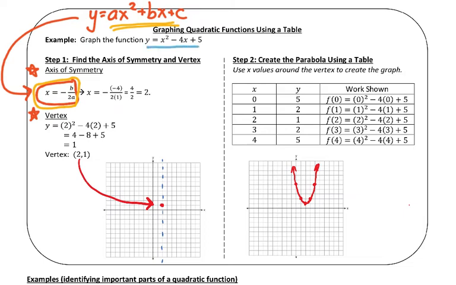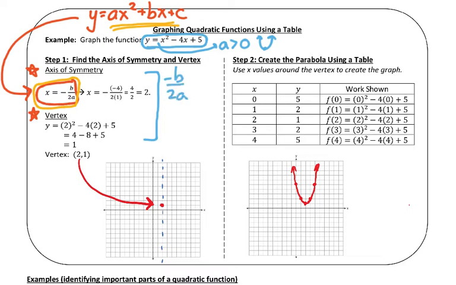So here's our graph. All right, how do we graph this? Let's see. So I think the first thing to do is to find these two pieces. Let's find the axis of symmetry and let's find the vertex. All right, we already noticed here that the a value is positive. So I know it's going to be opening upwards and I'll have a vertex that's a minimum. Great. All right, what if we did negative b over 2a?